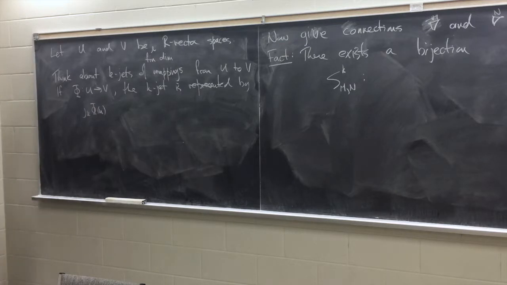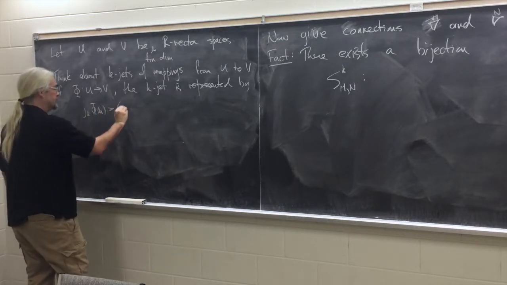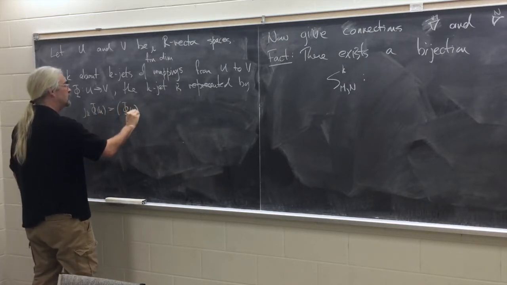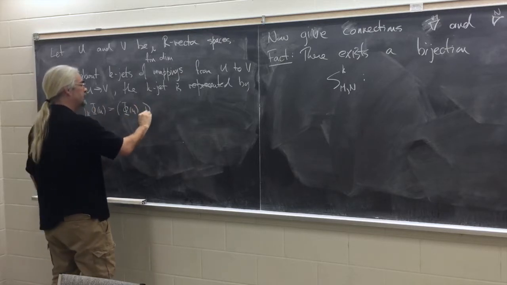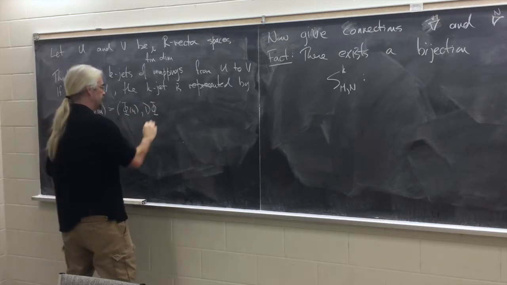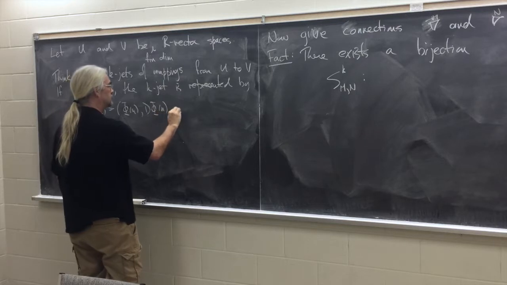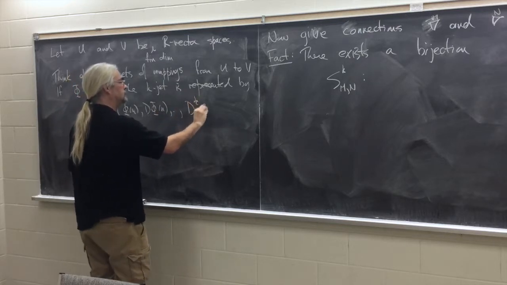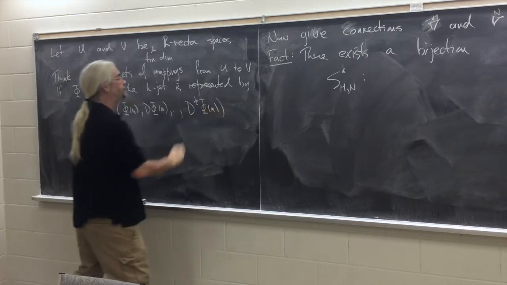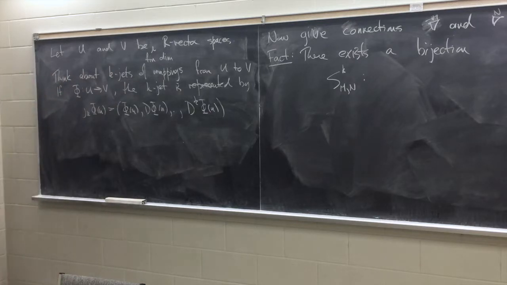Let me call it u. So you can just write this as phi of u, and now we can just take normal derivatives, right? And these come with a natural decomposition.